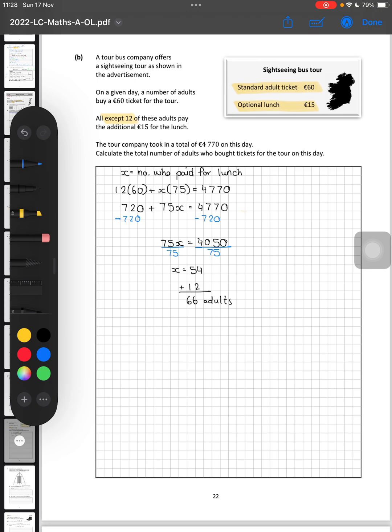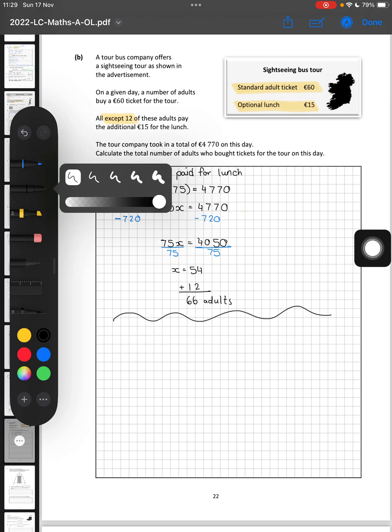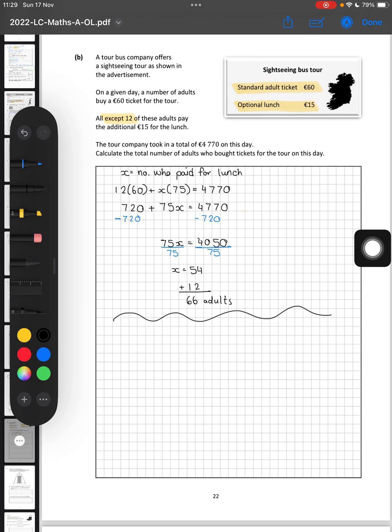Another way of doing it is we could have let X, instead of being the people who paid for lunch, be the total amount of people. Okay, so the €60 basic ticket is paid by everyone.